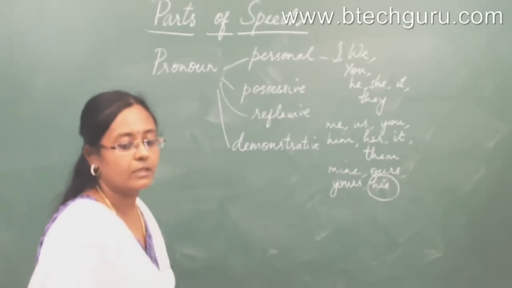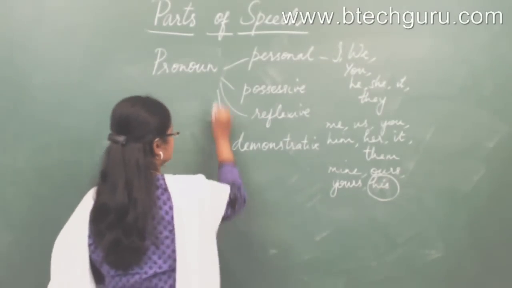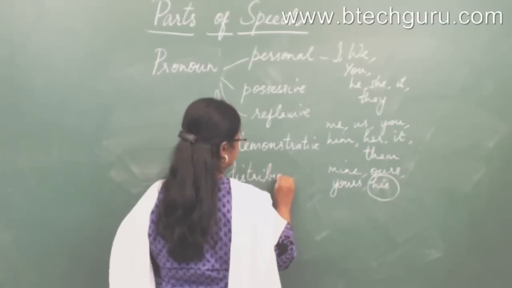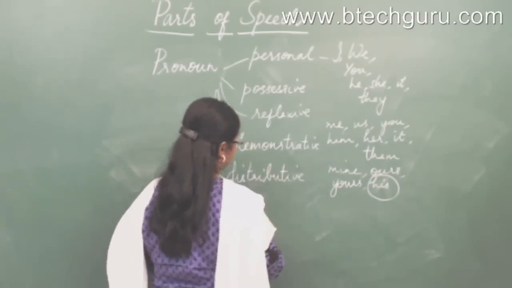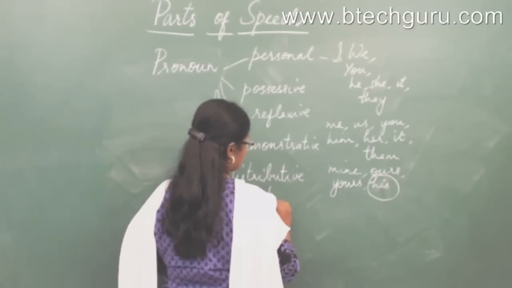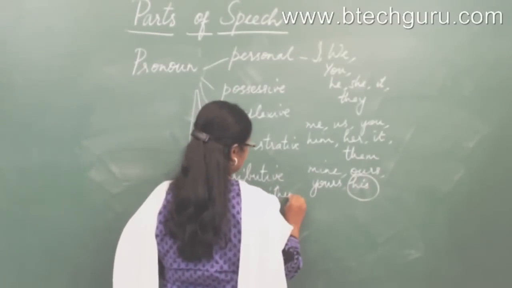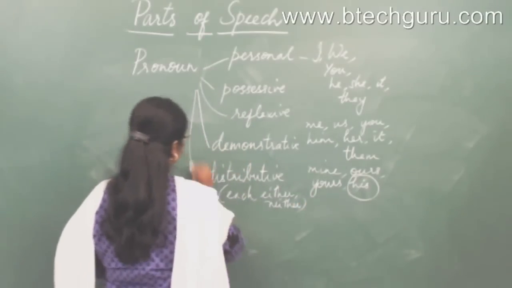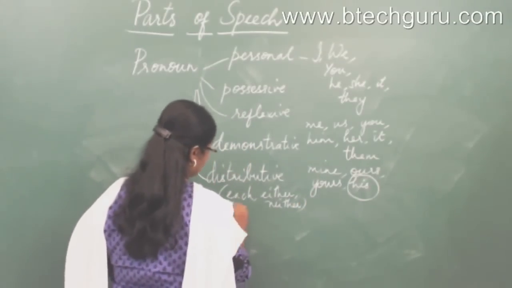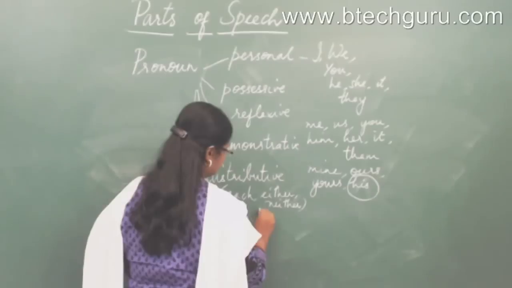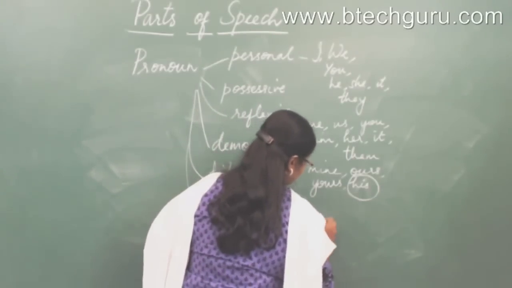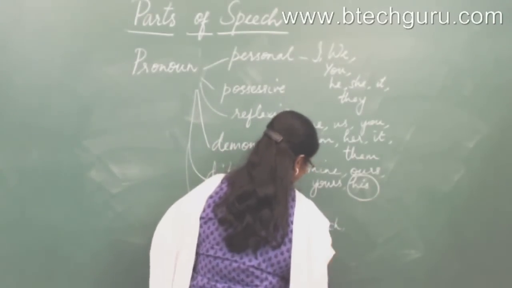And then we have the distributive pronoun, which is each, either, neither. Then we have the relative pronoun. Itself is a big chapter. It introduces the subordinate clause in the sentence.